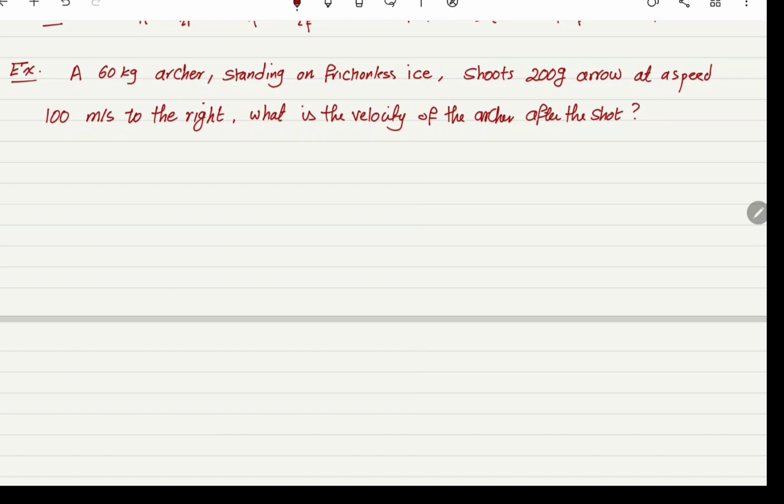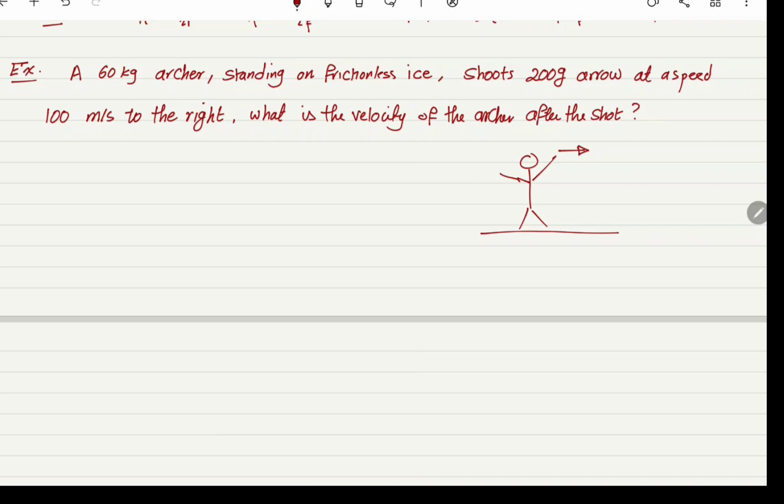Let's have a quick sketch. Here's the archer and here's the arrow. The archer is standing on frictionless ice. The arrow is fired with 100 meters per second. What is the velocity of the archer after the shot?